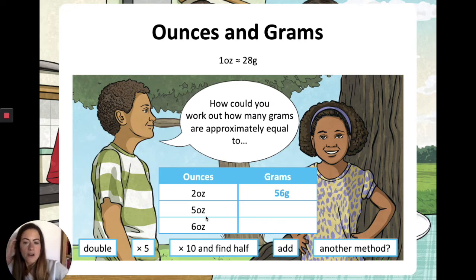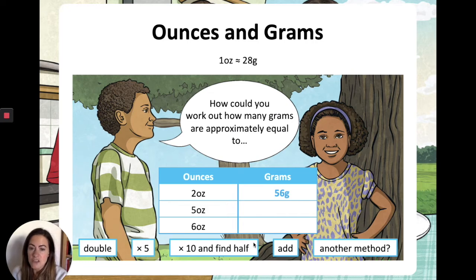Let's move on to 5 ounces. So how could I find out 5 ounces? Let's look at these strategies down here. I've got a few. So I could do 28 times 5, couldn't I? I could do a little written short multiplication of 28 times 5. I could do 2 lots of 2 ounces and add on 1 ounce. So 2 lots of 56 plus 28.